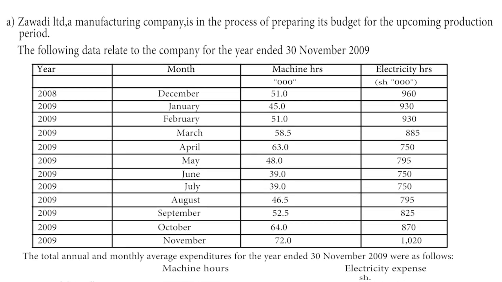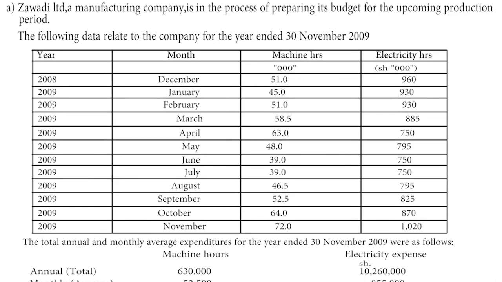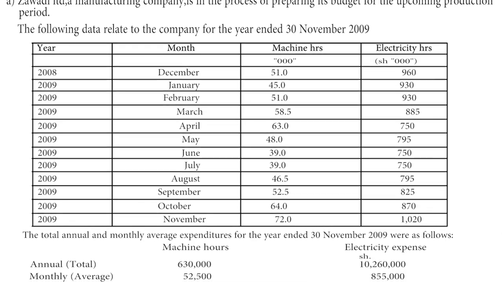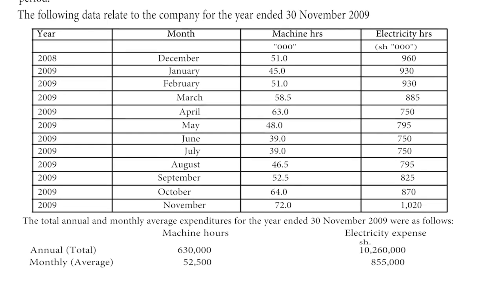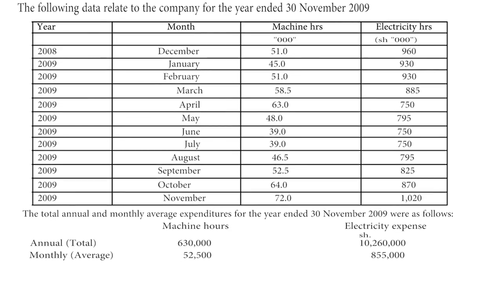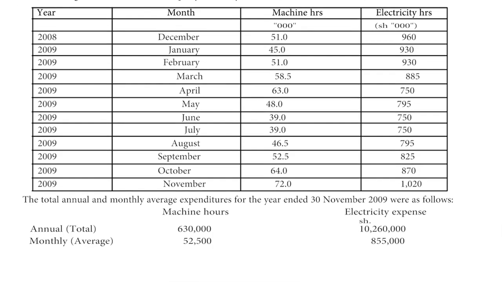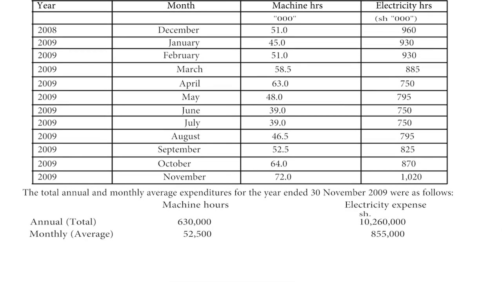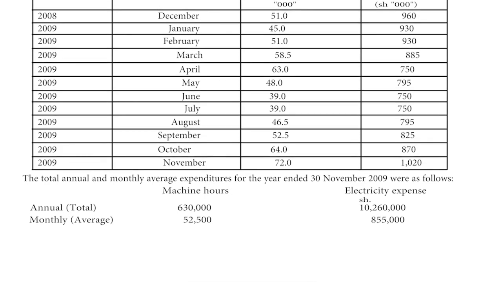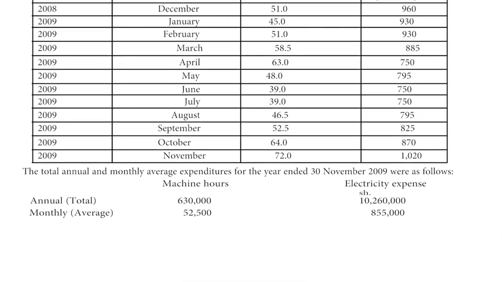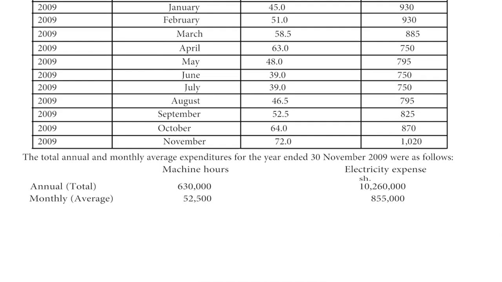March, 58.5 hours, and then 885 shillings. April, 63 hours, then 750 cost. May, 48 hours, 795 shillings. Then June, 39 hours, 750 cost. July, 39 hours, 750 cost again. Then August, 46.5 hours, 798 shillings.